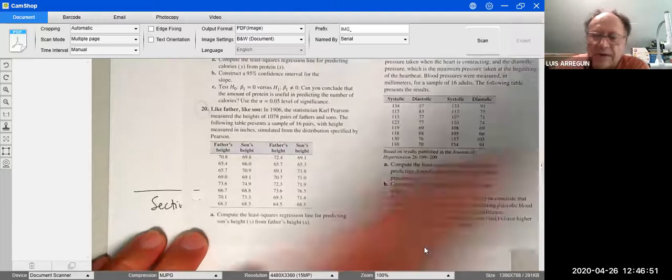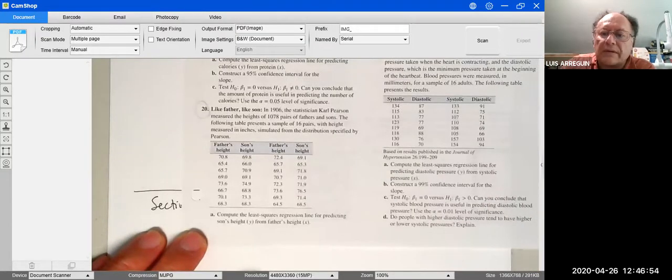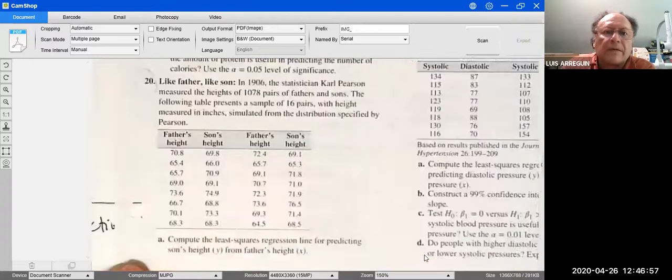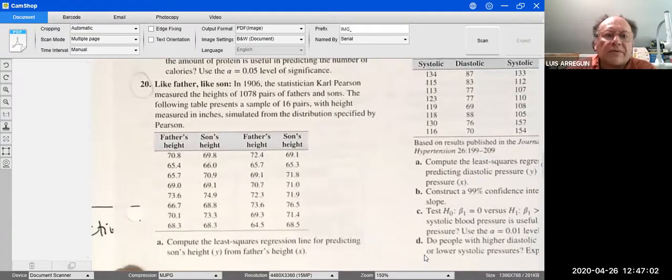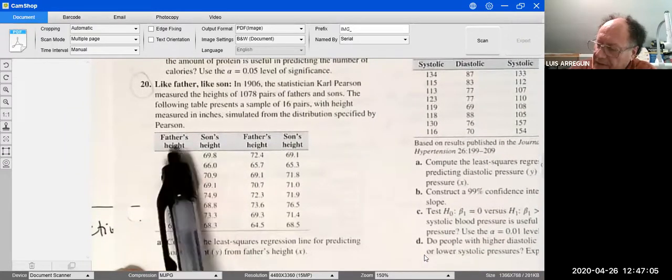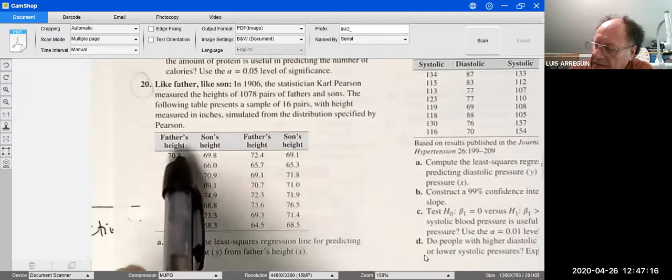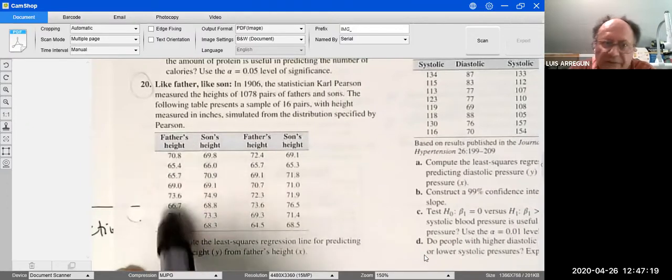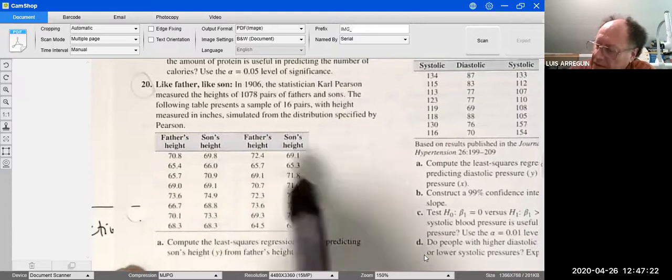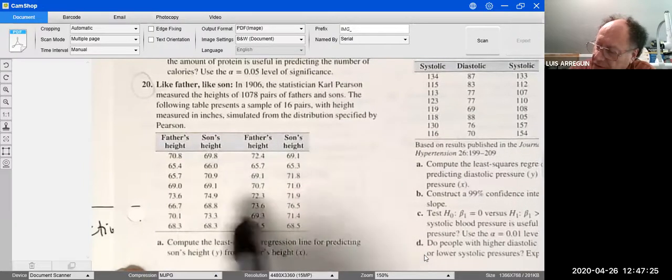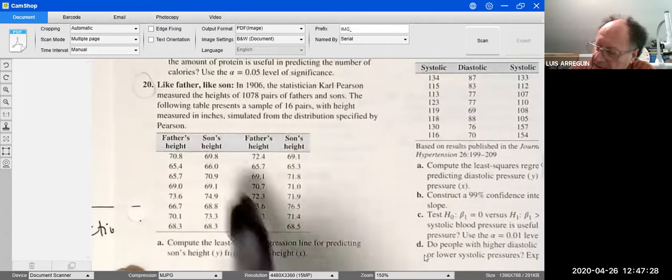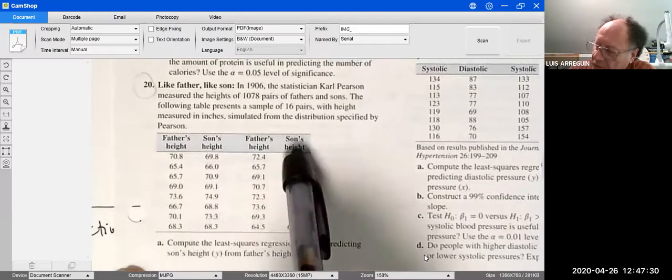So let me see. You have the following. Problem 20, like father, like son. You have just the height of a father and the height of his son. One is going to be your x, the other one is going to be your y. Usually in this case your x is going to be the first column, and remember the column continues over here. So this is the data set for x, and this is the data set for y.